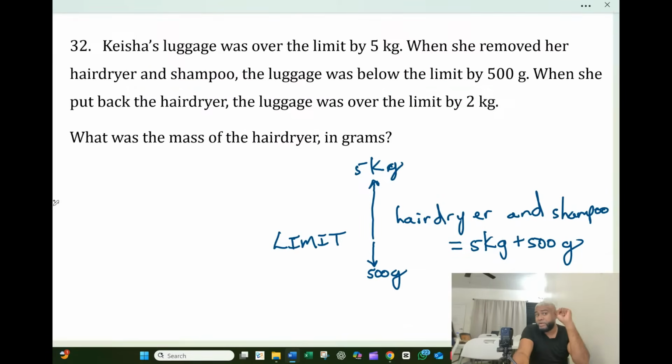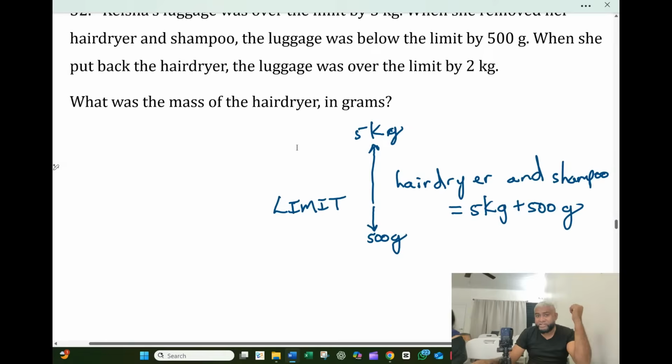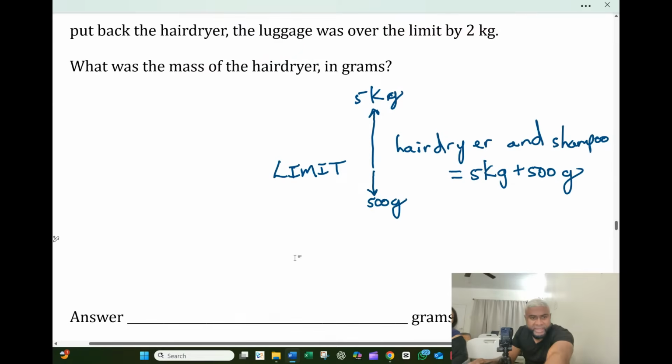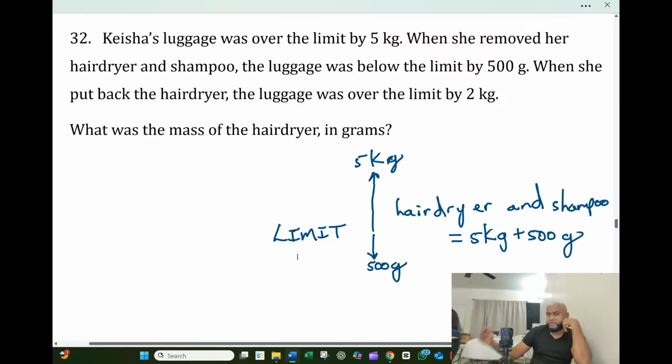No. So when they put back the hair dryer, the luggage was over the limit by 2 kilograms. Everybody good there? So if the luggage is over the limit by 2 kilograms, what was the mass of the hair dryer in grams? Let me hear your rationale here. Explain this last question.